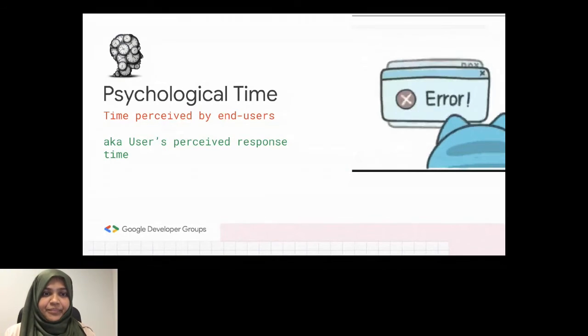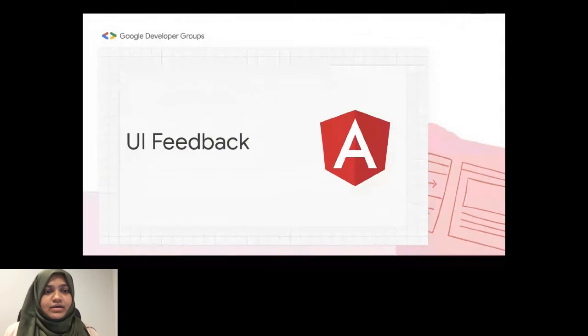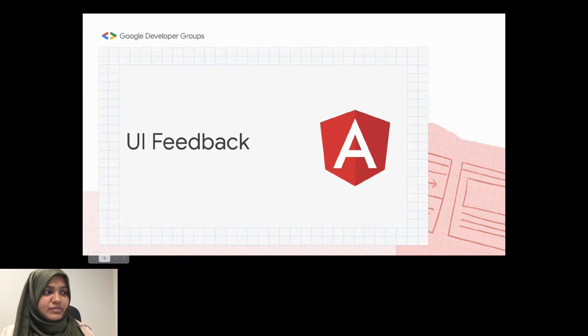So let's look at how we can improve and optimize the psychological time. Let's look at the hands-on part of the different ways we can use the components that Angular Material provides to optimize this psychological time.